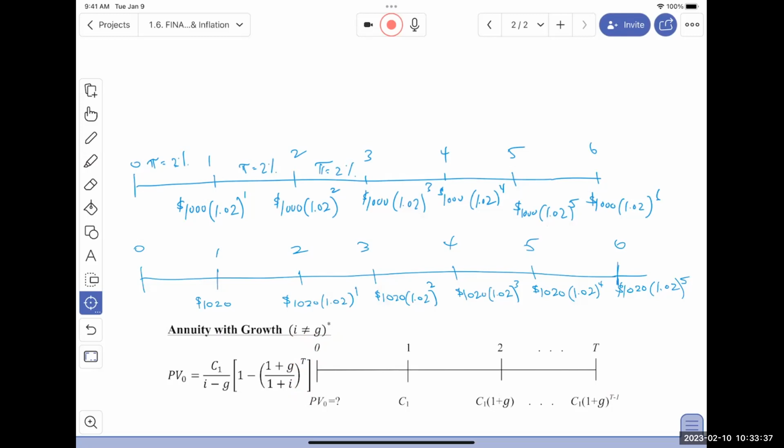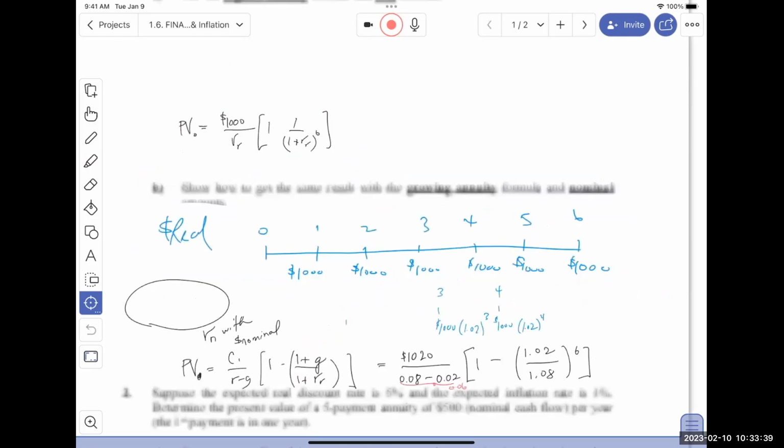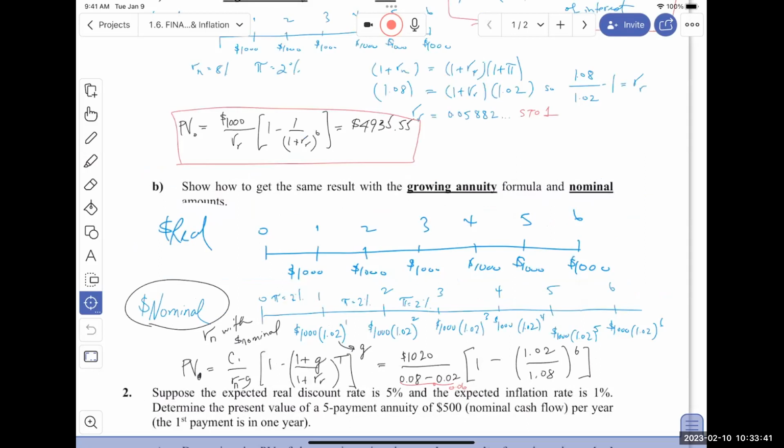All right, so when you see it this way, you should in your mind realize, okay, the first one is 1020, and the growth factor is with 2%.